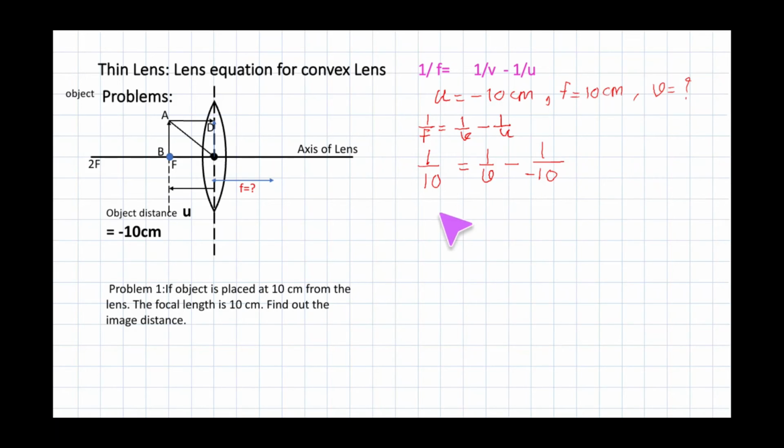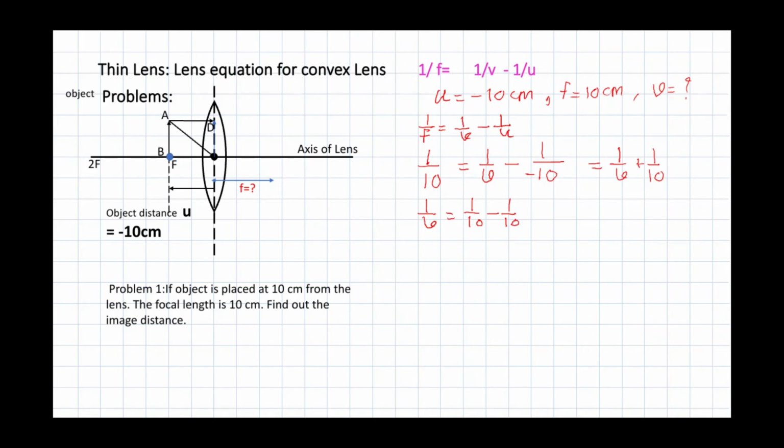So from this we get 1 upon v minus minus plus, that is 1 upon 10. So 1 upon f is equal to 1 upon v plus 1 upon 10. So we can say that 1 upon v is equal to 1 upon 10 minus 1 upon 10.